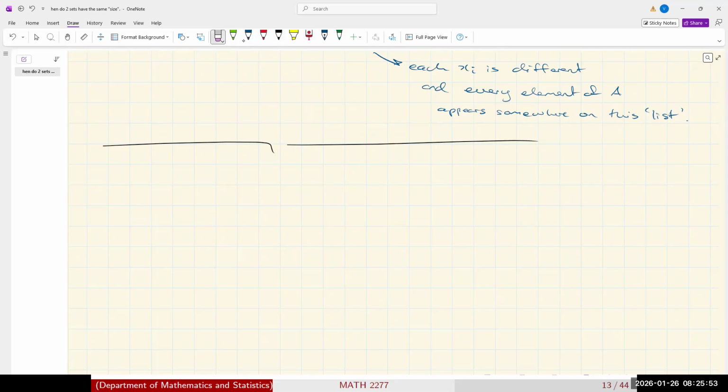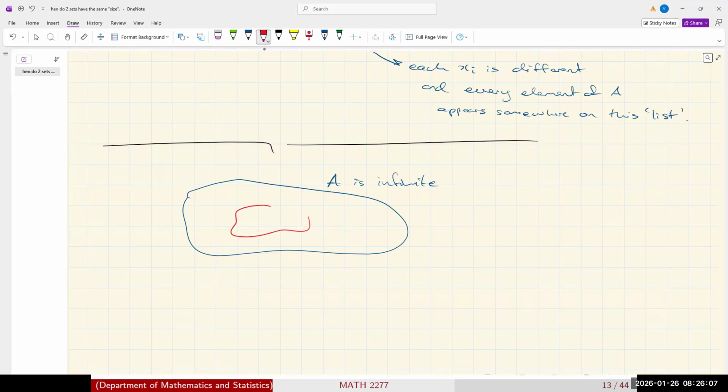So this is your set A, and A is infinite. What we're saying is that inside A, if A is infinite, and I didn't tell you what type of infinite that is, inside of A is a denumerable set. The construction is very easy.